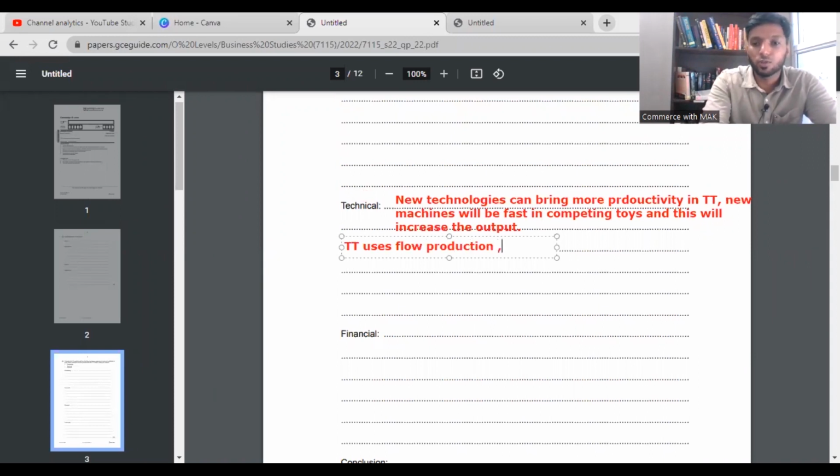This system is easy to use because one product is produced for the entire market. So I'll write here, this system is easy to use, and this will help to achieve efficiency by lowering the cost of production.